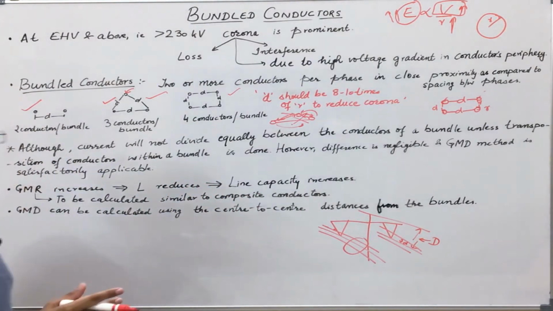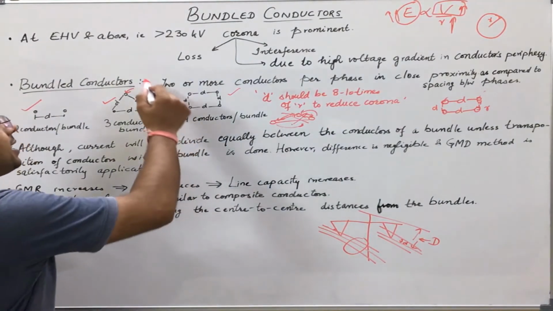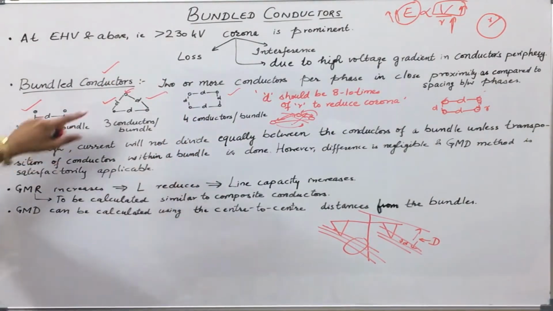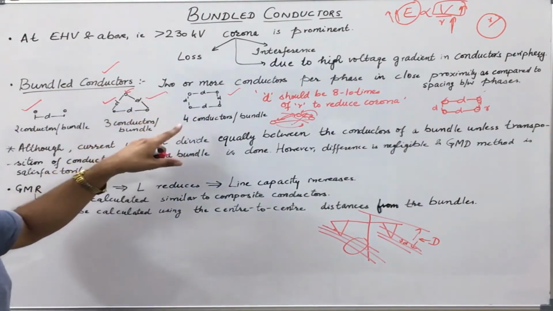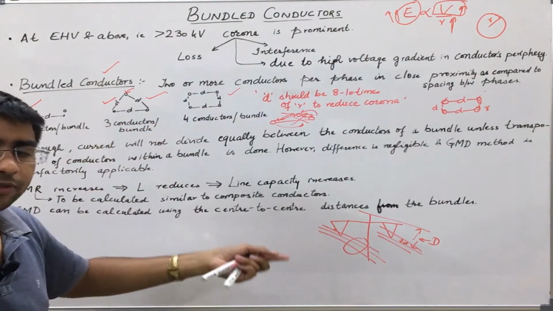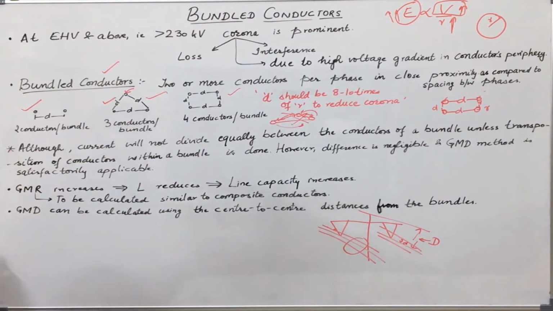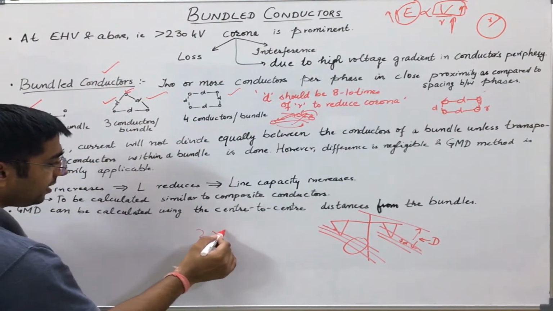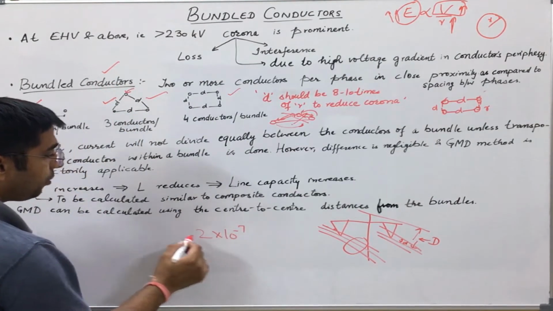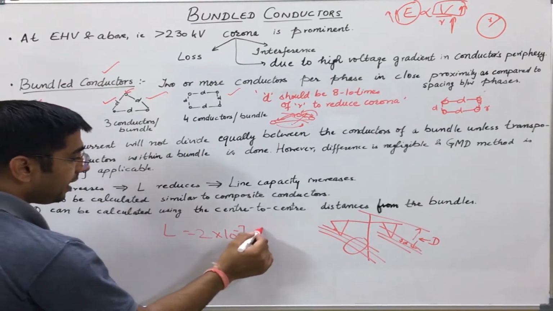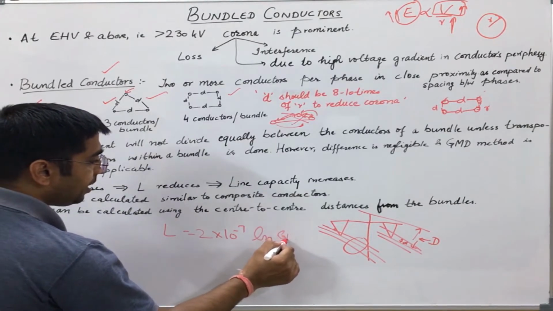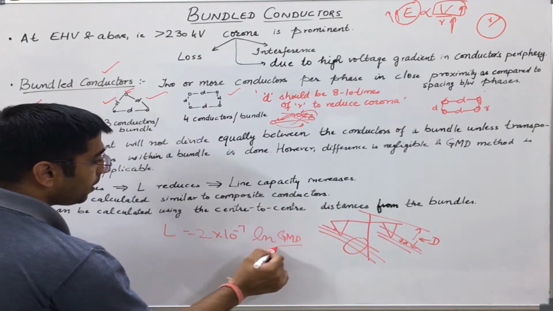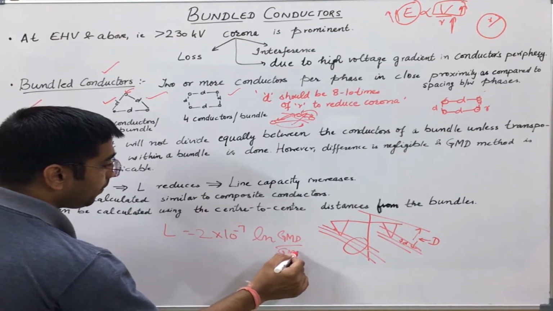Now, what are the benefits of bundled conductors? We will solve an example also in the next slide of the same video. As we already know, L is usually written as 2 into 10 raised to the power minus 7 natural log of GMD upon GMR.